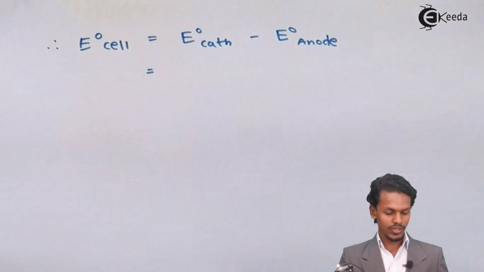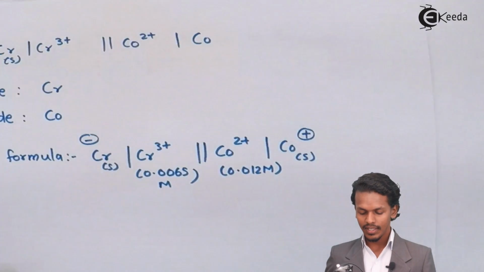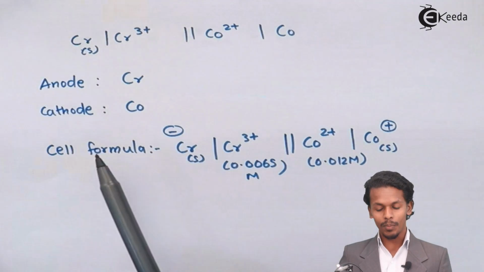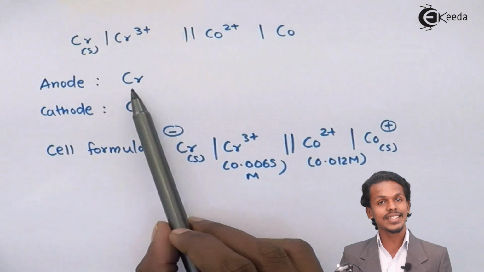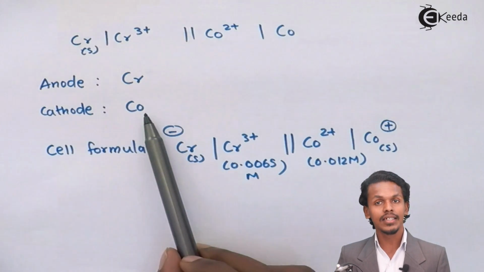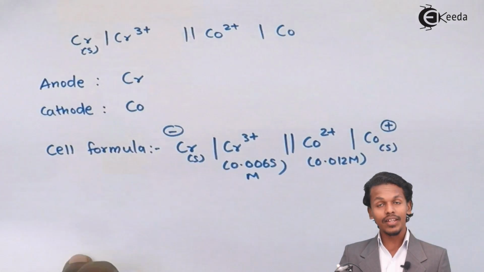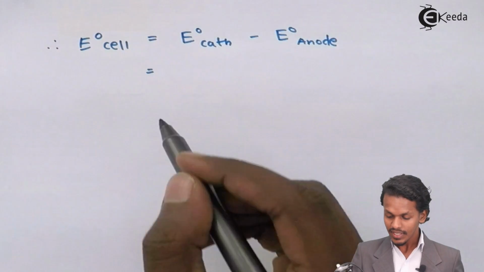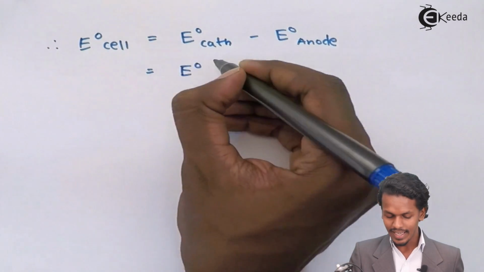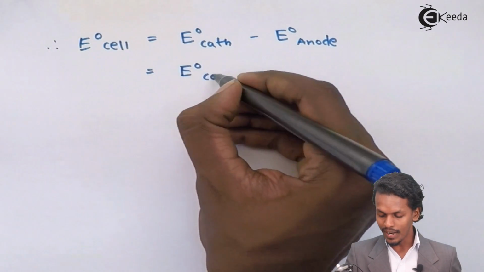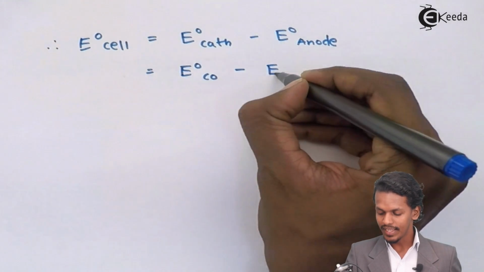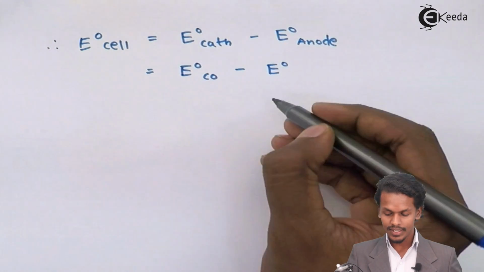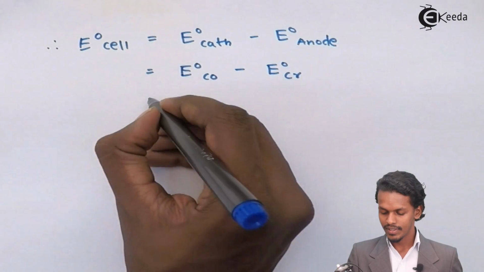It's very simple to determine. According to the cell formula, the anode is the chromium one while the cathode is the cobalt one. So the cathode is the cobalt, while the anode is the chromium.